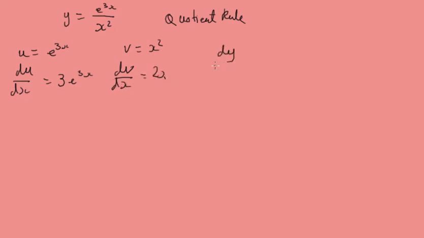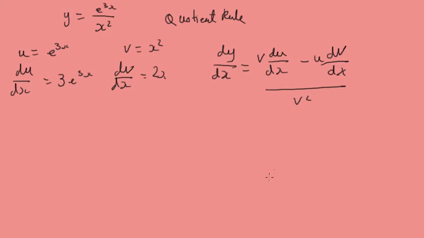And the quotient rule is dy by dx equals, let me remind myself of the order, v du by dx minus u dv by dx, over v squared.